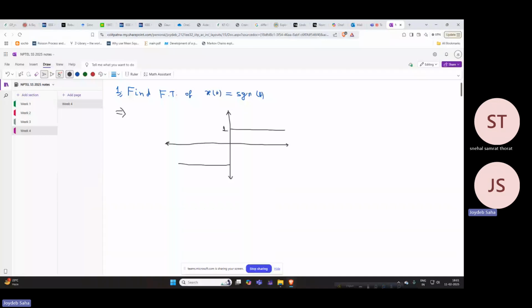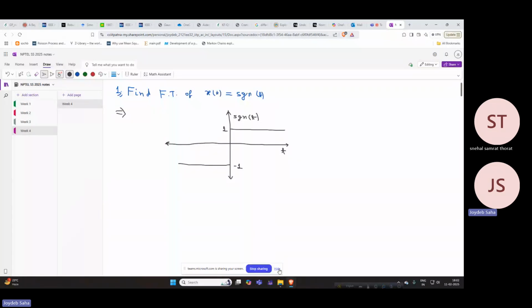This value is 1, this value is -1. Fine.